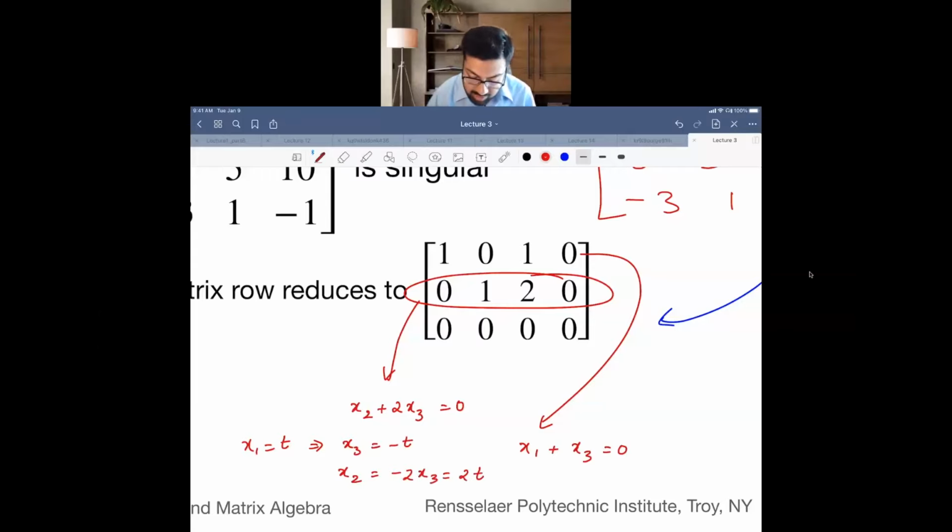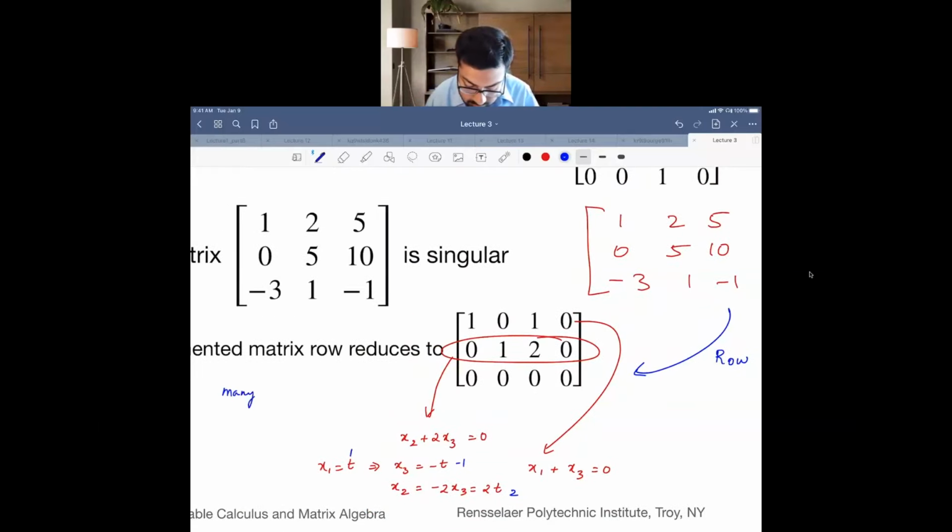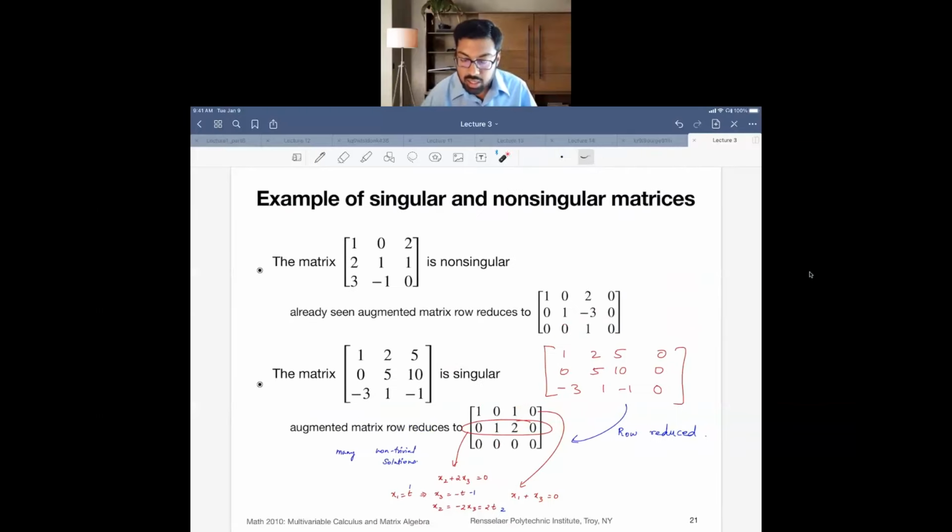For any value of t, for example 1, you got a 1 there, a negative 1 there, and a 2 there. So you got a lot of non-trivial solutions. Essentially we are saying that Ax equals 0 does not have only the trivial solution. It has many non-trivial solutions, which makes it singular.